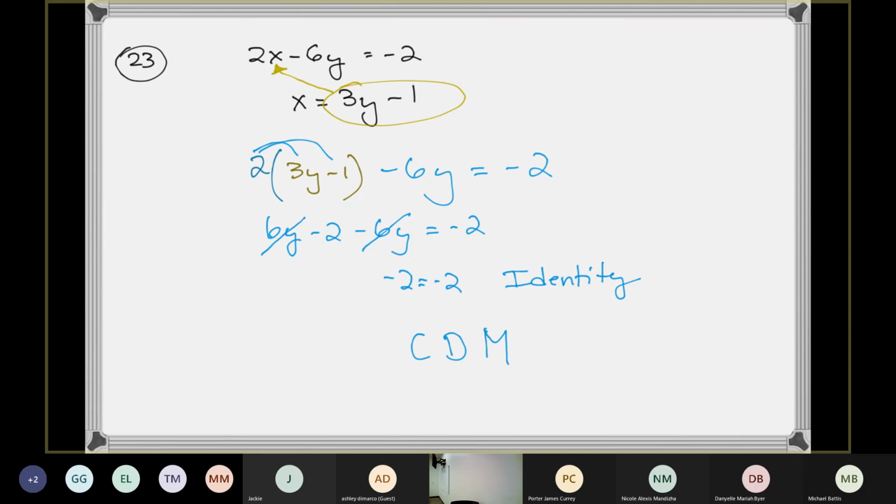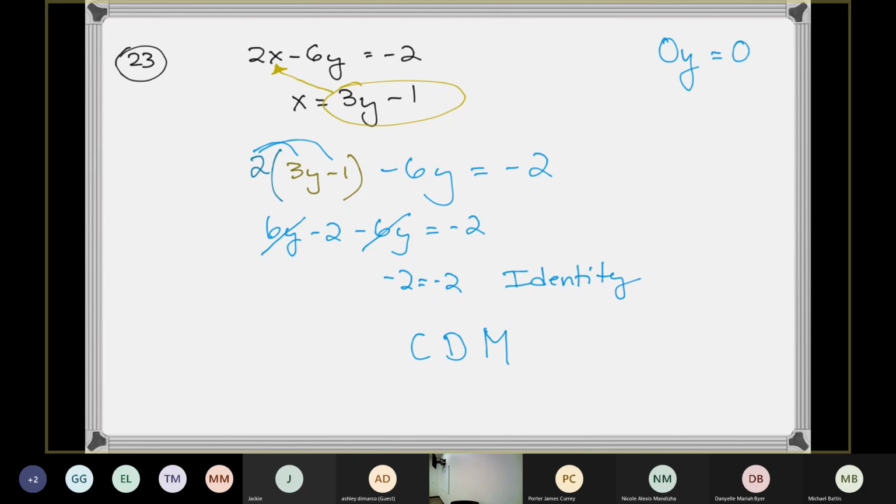So if your variables cancel each other out, don't say 6y minus 6y is y. That's not true. 6 strawberries minus 6 strawberries, there are 0 strawberries there. And 0 strawberries or 0y is really the same as 0.